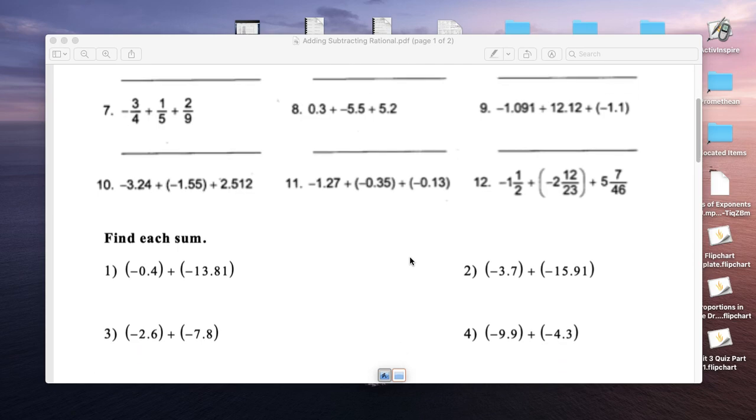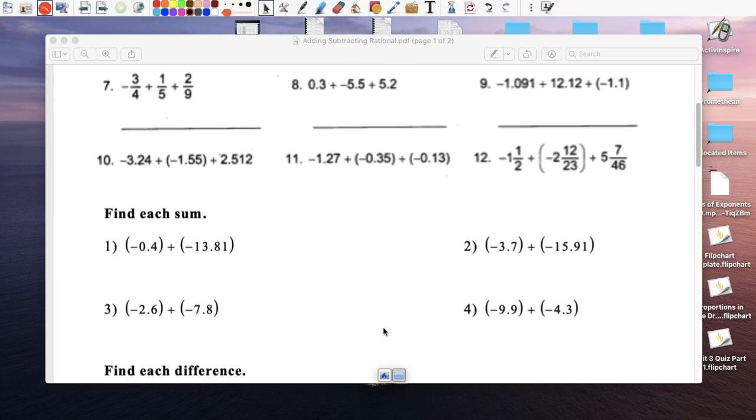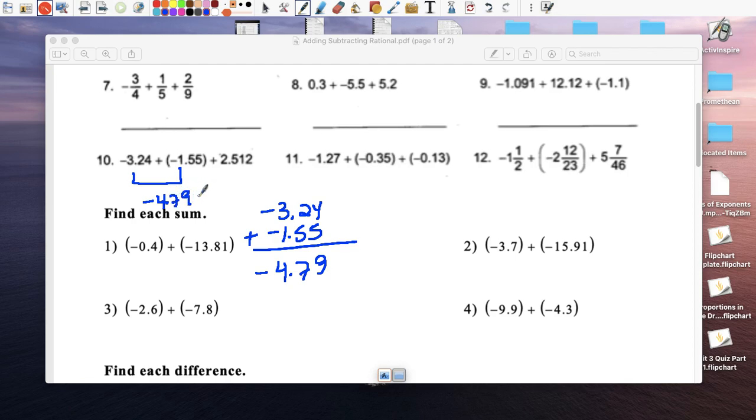Right, so decimals, not a big deal. We have two negative decimals together, so we're combining them. So we have negative 3.24 and negative 1.55, so in this case we're adding those two and we get negative 4.79. Then we're going to add a positive number, which means we have to find a difference.